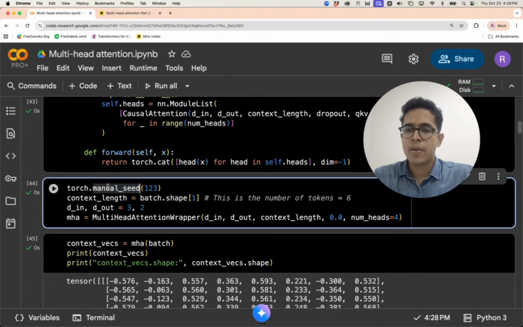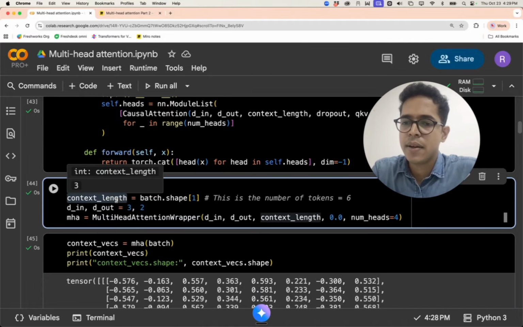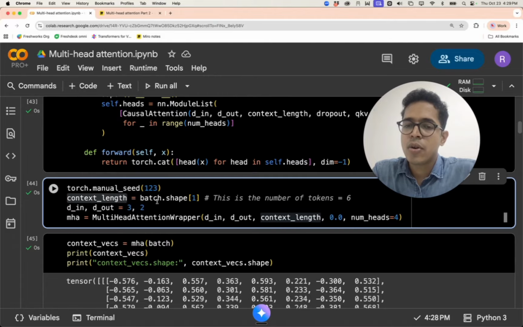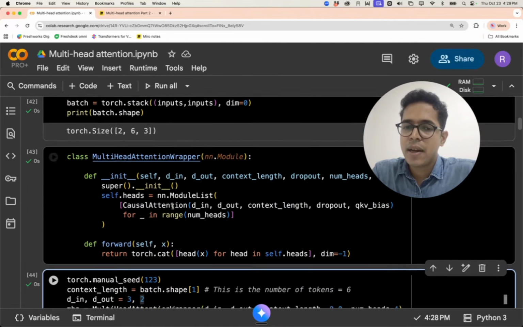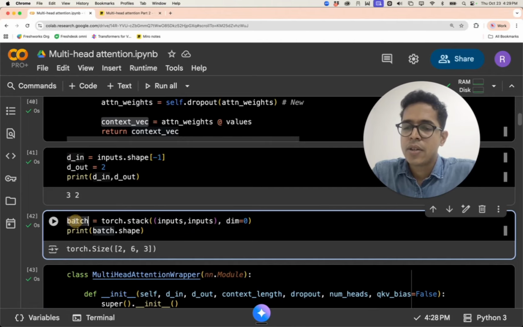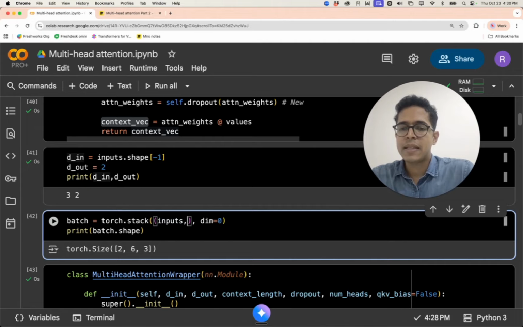So torch.manual_seed of 123 means you are defining the seed for your random number generator. Then context length equal to batch.shape of 1. But there is one line where we are defining the batch. So here we are saying batch equal to torch.stack of inputs comma inputs. So basically this is just to create a batch size of 2. What if I just wanted batch size to be 1?